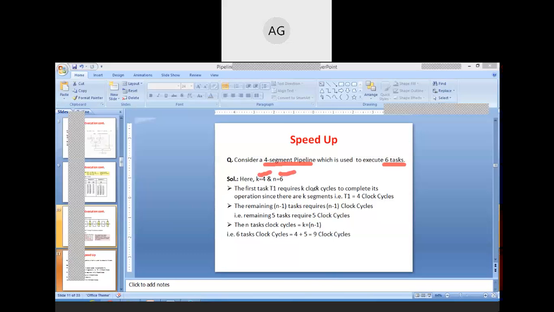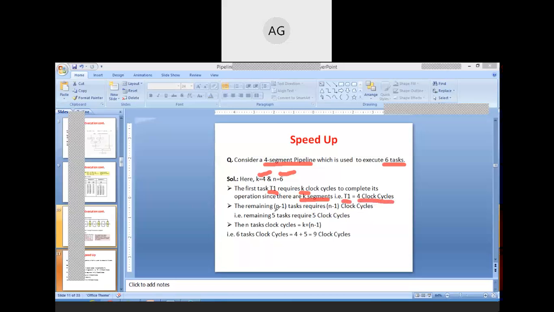According to the pipeline execution, we already studied that the first task, which is T1, requires k clock cycles to complete its operation, since there are k segments. Here the value of k is 4 because 4 segments are there, so T1 requires 4 clock cycles.